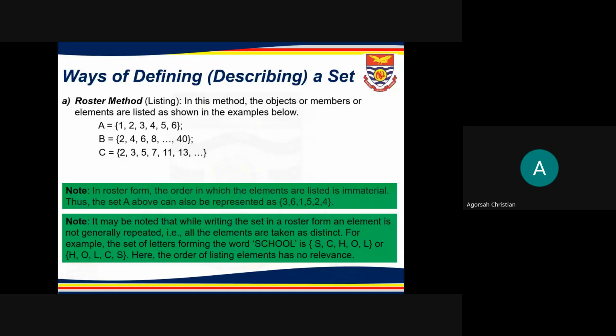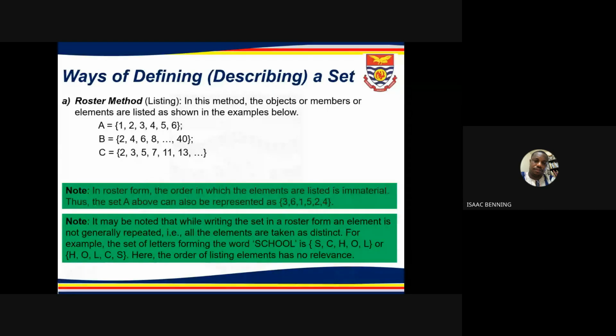So it means if a question asks like this in roster form, we should write S, C, H, O, L. Yes, so we are asking what letters make the word school.